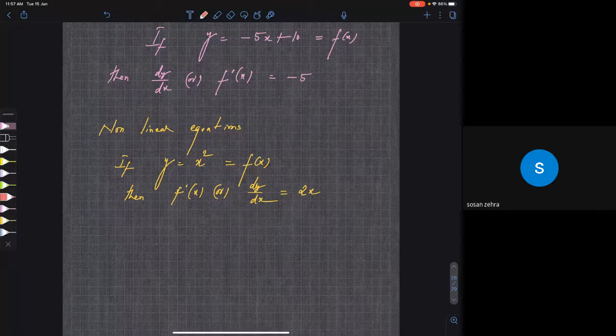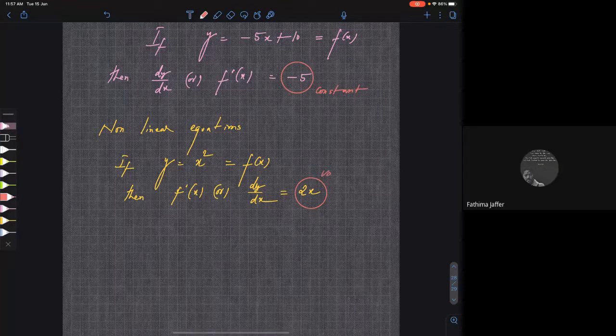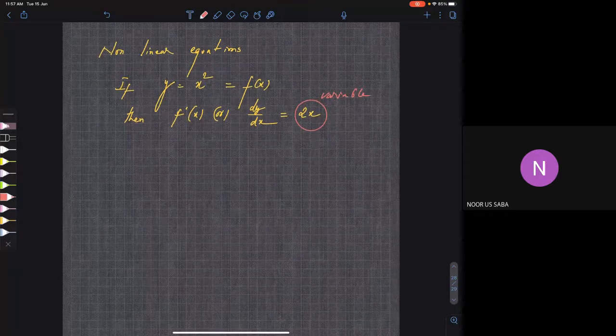We derived this. Now can you see that here slope is not a constant? Here slope was a constant. Here slope is a variable. What do you mean by variable? It changes with x. At different x, you will have different slope. Clear? So this is a non-linear equation.